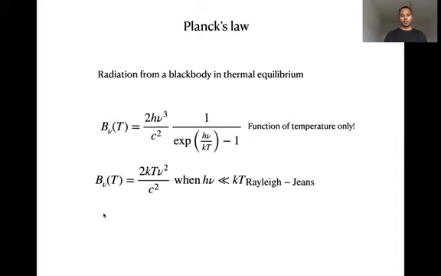Quite often you would encounter what is called the Rayleigh-Jeans limit of the Planck function. This happens where the frequency is very small, and by small, I mean h nu is small compared to kT. So this factor can be Taylor expanded, and then this is just the Planck law in the limit where h nu is far, far less than kT. That's called the Rayleigh-Jeans limit. But essentially, the fundamental law is this. This is just a limit which is very often useful.